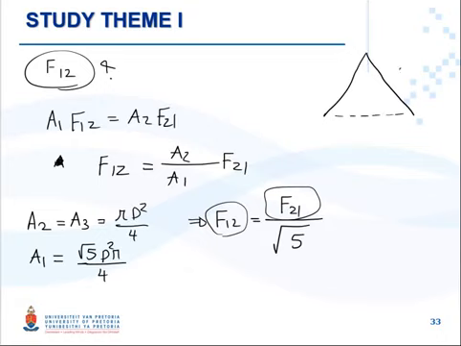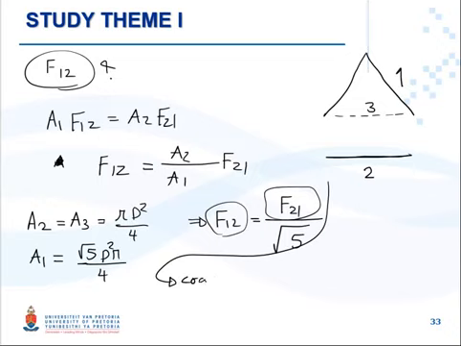This one is surface 3 and this is surface 2. If you go to table 13.1 of the textbook, you can see there is a correlation to calculate the view factor between two coaxial parallel disks.